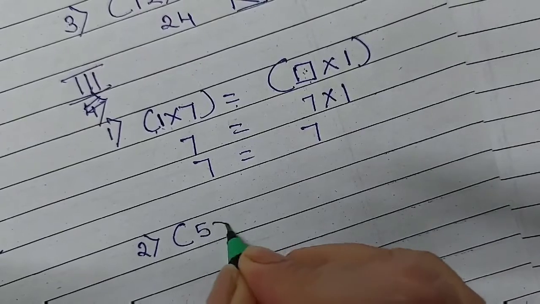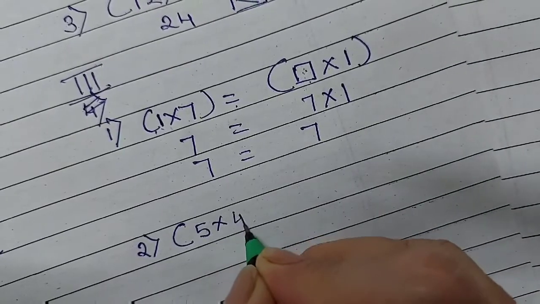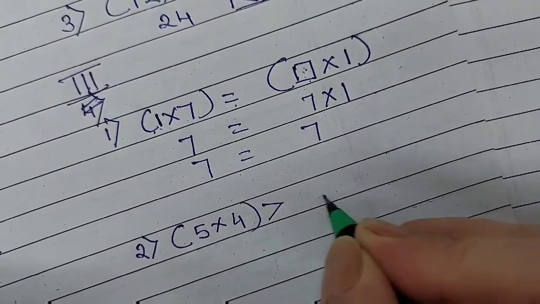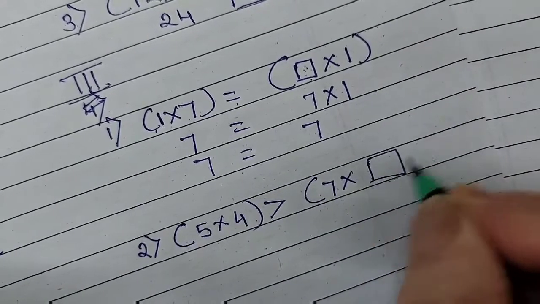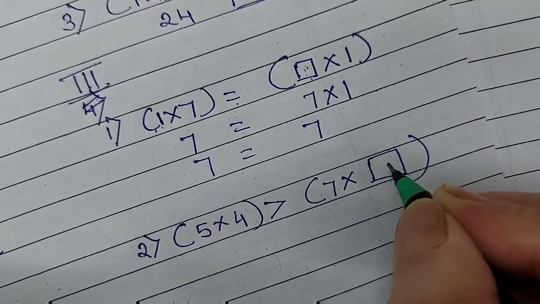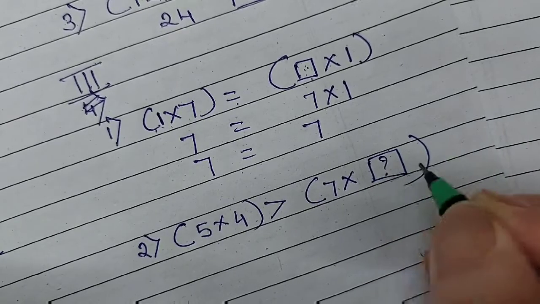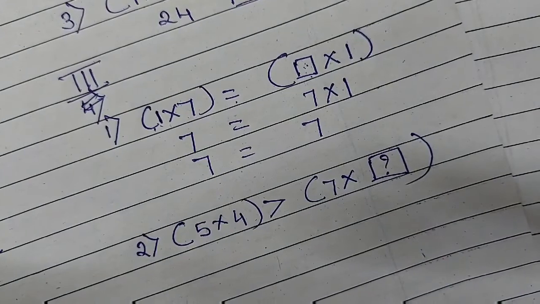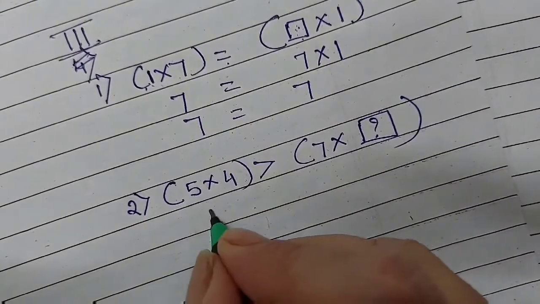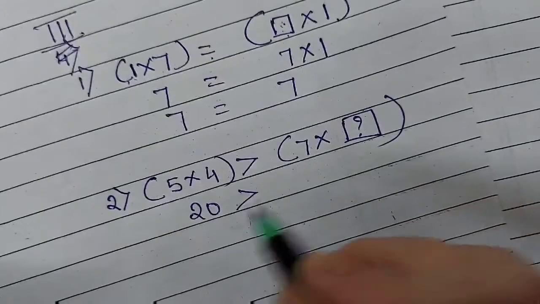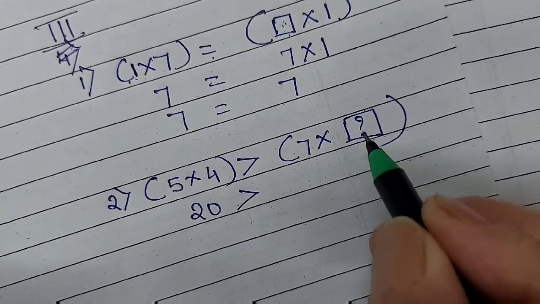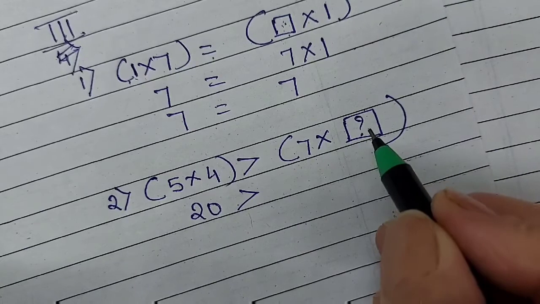Coming to the next question. This is 5 into 4 greater than 7 into, now we have to find out what number will come in this box. Here it is a question mark, we have to find that. So solve. 5 4s is what? 20. 20 is greater than, now you have to find a number which is less than 20.